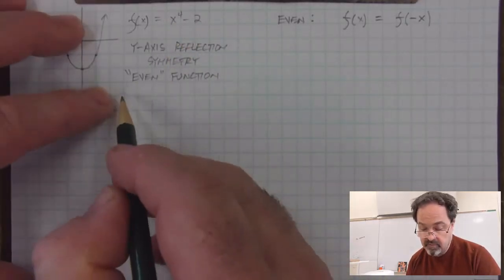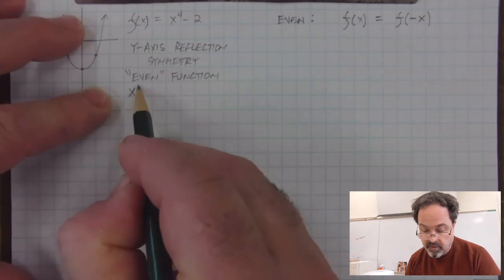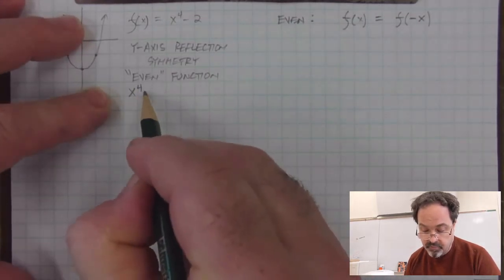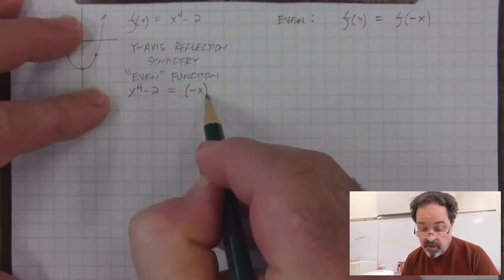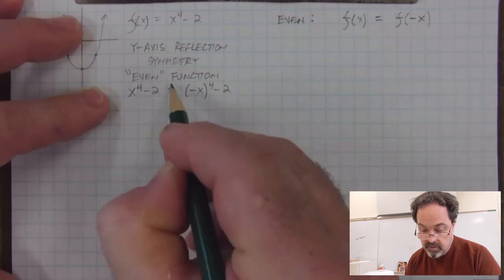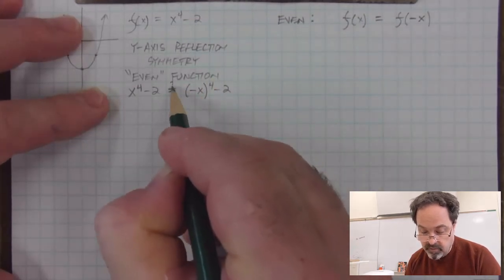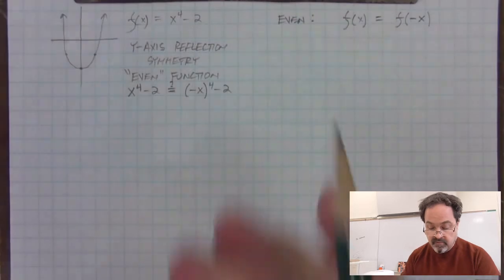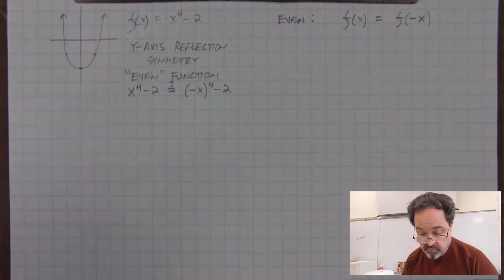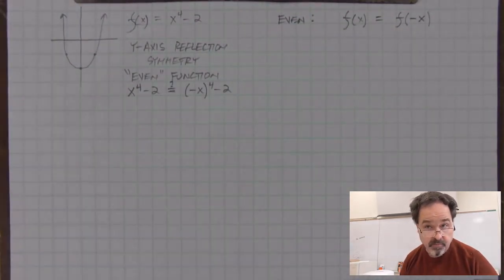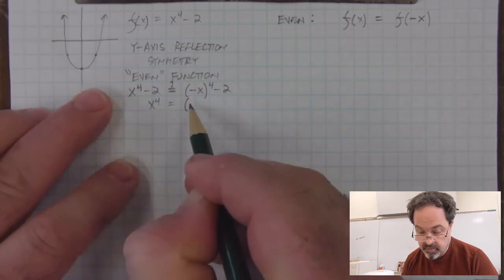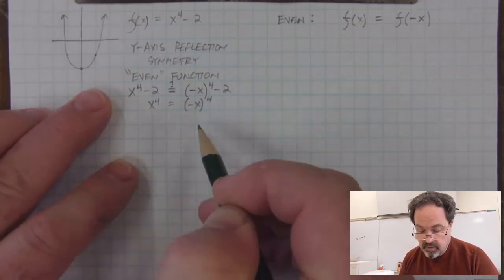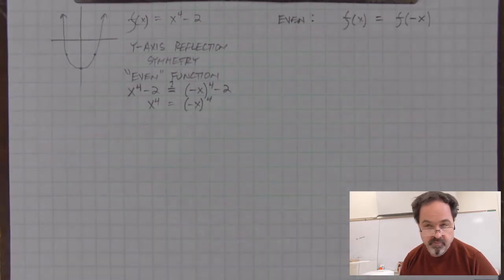With this function, it means setting up the justification that the expression x to the fourth minus 2 is equal to itself after making x negative. We'll put a question above that equal sign. If we can simplify it and observe that those sides are indeed equal to each other, then we have proven that it's even. I could add 2 to both sides and then think the fourth power of a negative number.